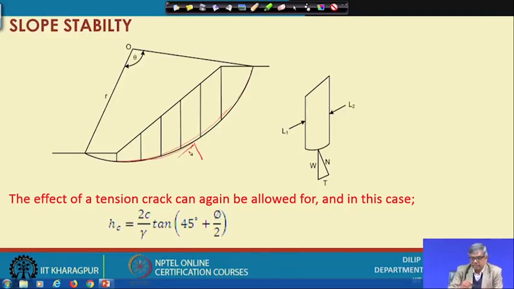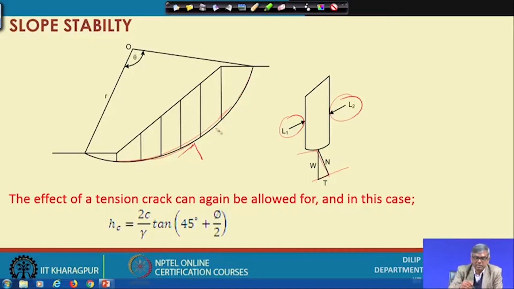How to do that? I can isolate this one, assume this equal to this, otherwise this problem cannot be solved. Then W can be calculated to scale, and you can draw parallel to the tangential and then draw normal to this, then I will get the force polygon for this particular slice.